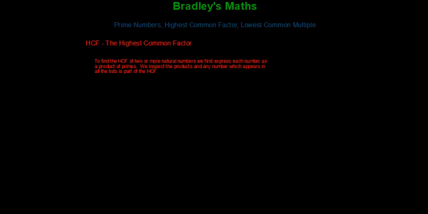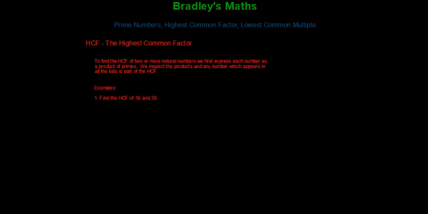We first express each number as a product of primes. We learned how to do that in the last video. Then we inspect the products, and any number which appears in all of the lists is part of the HCF. That last bit we haven't touched on yet, but you're going to see how to do it just about now.